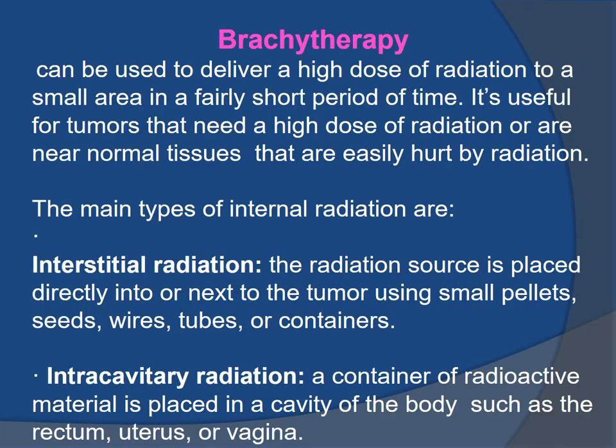In interstitial radiation, the radiation source is placed directly into the tumor or next to the tumor using small pellets, seeds, wires, tubes, or containers. In intracavitary radiation, a container of radioactive material is placed in a cavity of the body such as the rectum, uterus, or vagina.